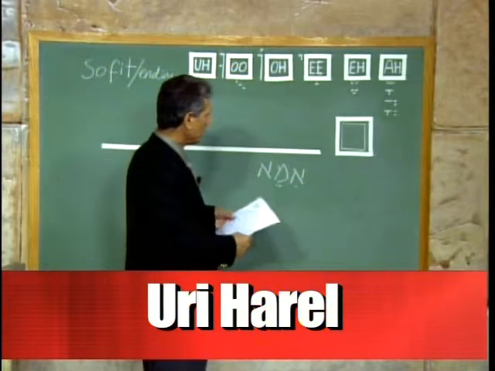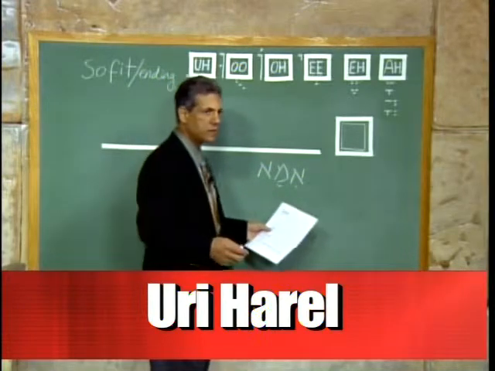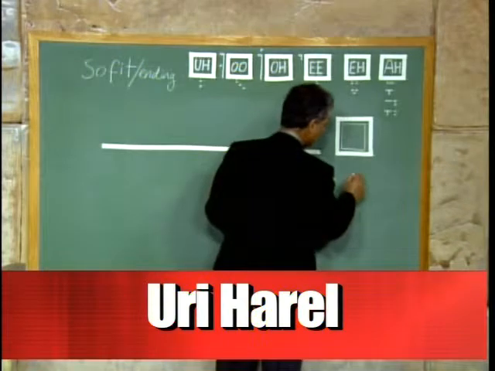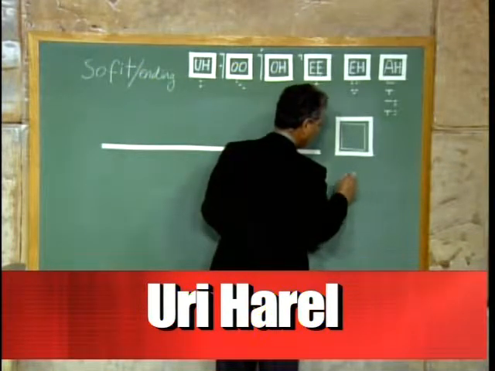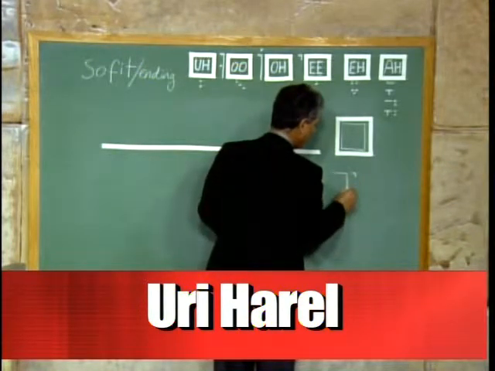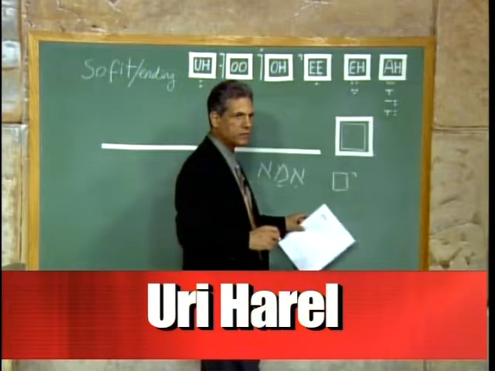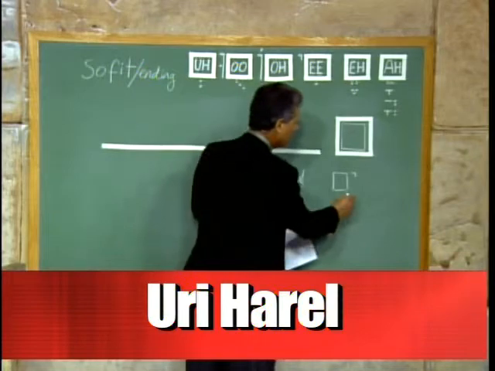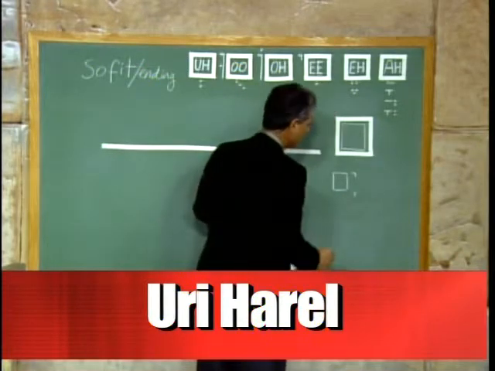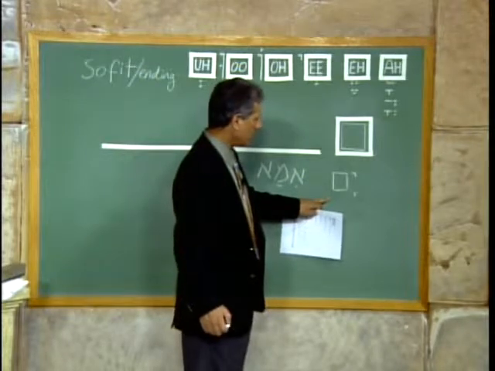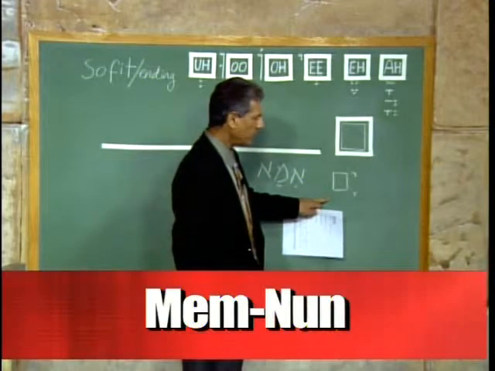If you want to look at words that start and end with a mem, let's take a word like this. You have yud, and then a mem. In this case, it's a two-letter word, and because it ends with a mem, it is mem sofit.